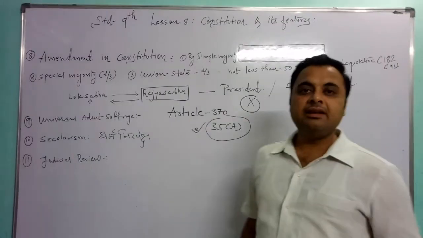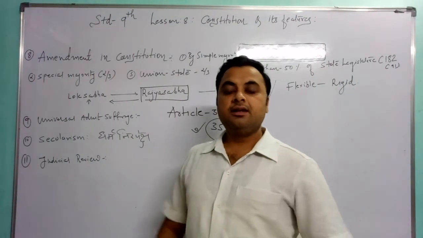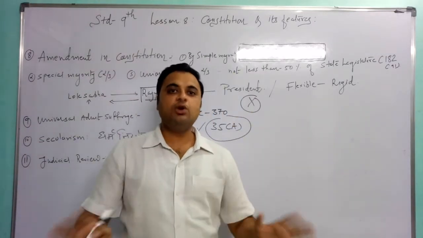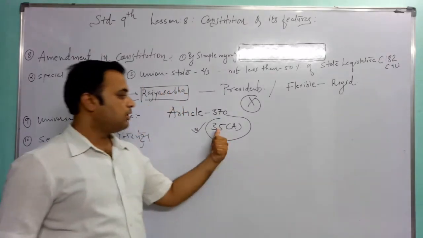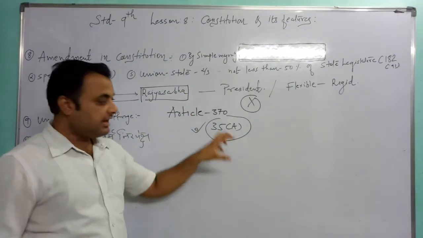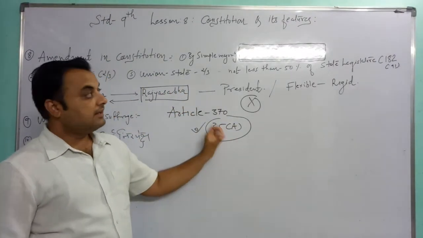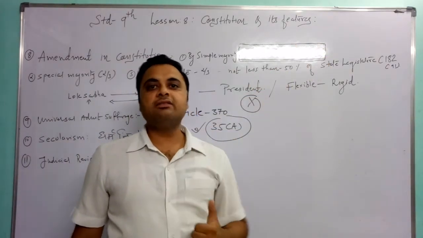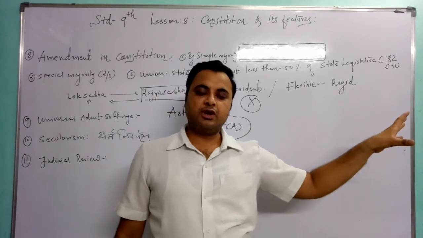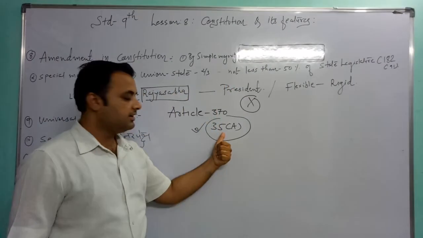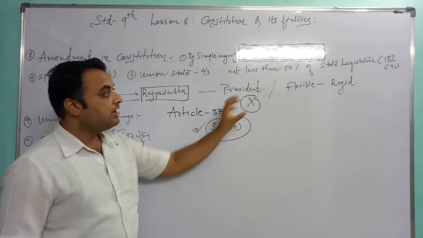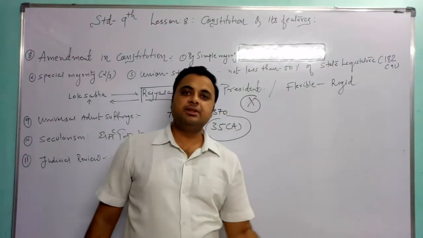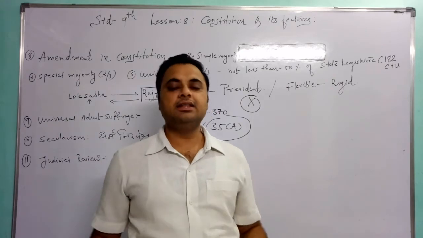35A, you cannot believe that 35A till 2019 was not passed by any of the houses. और वो आर्टिकल हमारे कॉन्स्टिट्यूशन के अंदर पड़ा रहा था, and it is very controversial article that the Jammu Kashmir has got the power to decide to whom to give the citizenship of Jammu and Kashmir. ये आर्टिकल बहुत ही कंट्रोवर्शियल था कि जम्मू कश्मीर को ये पावर मिलता था ये आर्टिकल के जरिए कि वो किसको सिटीजनशिप देंगे, किसको सिटीजनशिप नहीं देंगे.